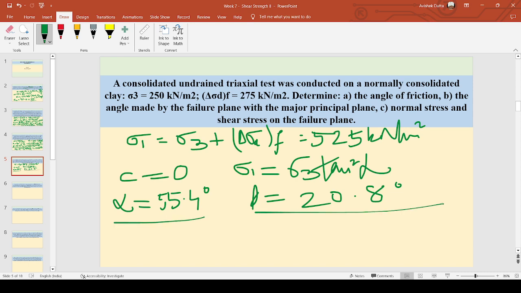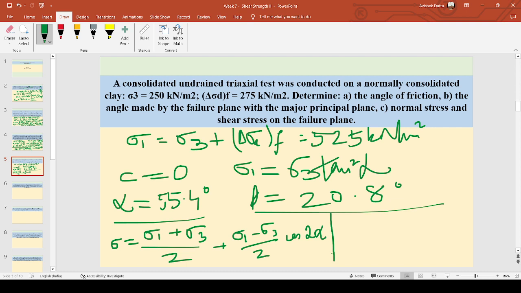And now what we need to find out? We need to find out normal stress and shear stress on the failure plane. Now the formula for normal stress on the failure plane is, with respect to any concepts of solid mechanics, sigma, the normal stress, equals sigma 1 plus sigma 3 by 2 plus sigma 1 minus sigma 3 by 2 cos 2 alpha.